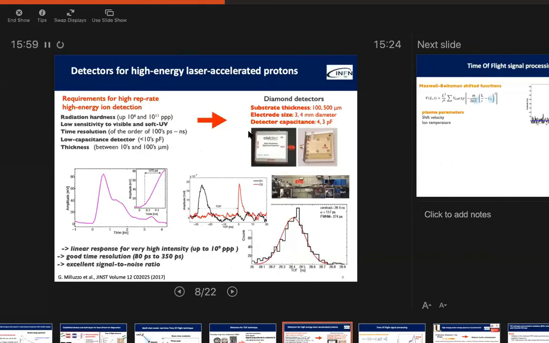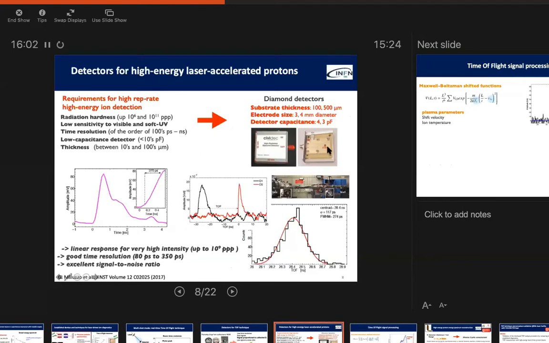So this is just to show you the previous work done for the ELIMED project. When we were looking for detectors for the ELIMED beamline, these were the requirements. For the detection of particles, you need detectors able to sustain a very huge current, up to 10^12 particles per bunch.